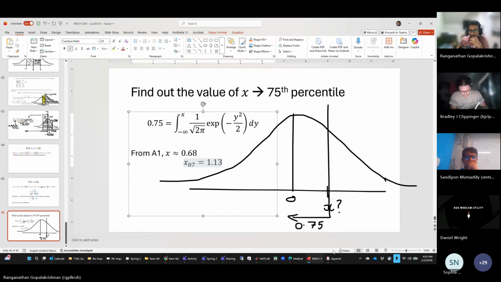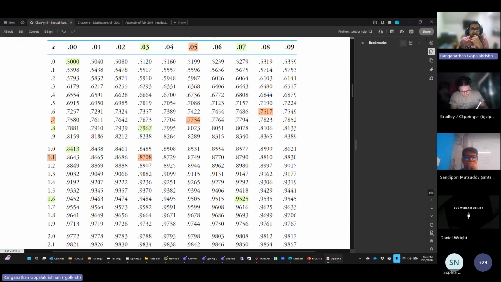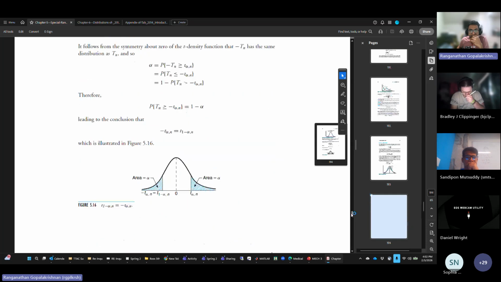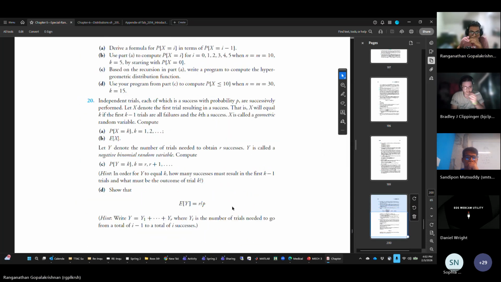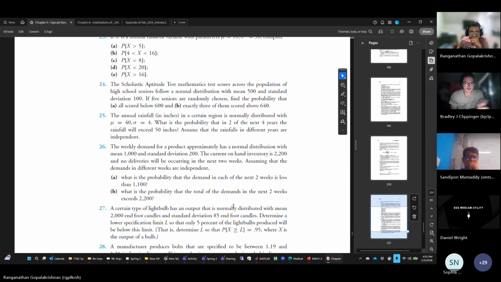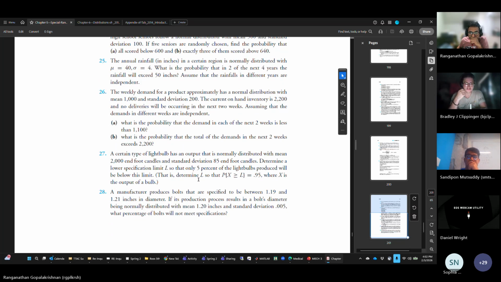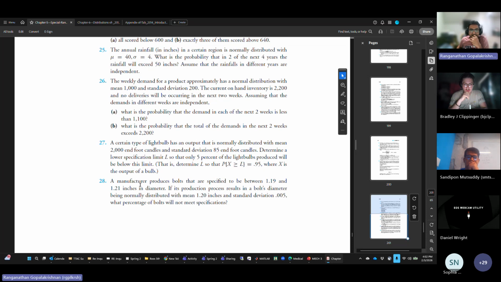Okay. We have 4 minutes. Let's try to do a word problem if we can. All right, a manufacturer produces bolts that are specified to be between 1.19 and 1.21 inches.